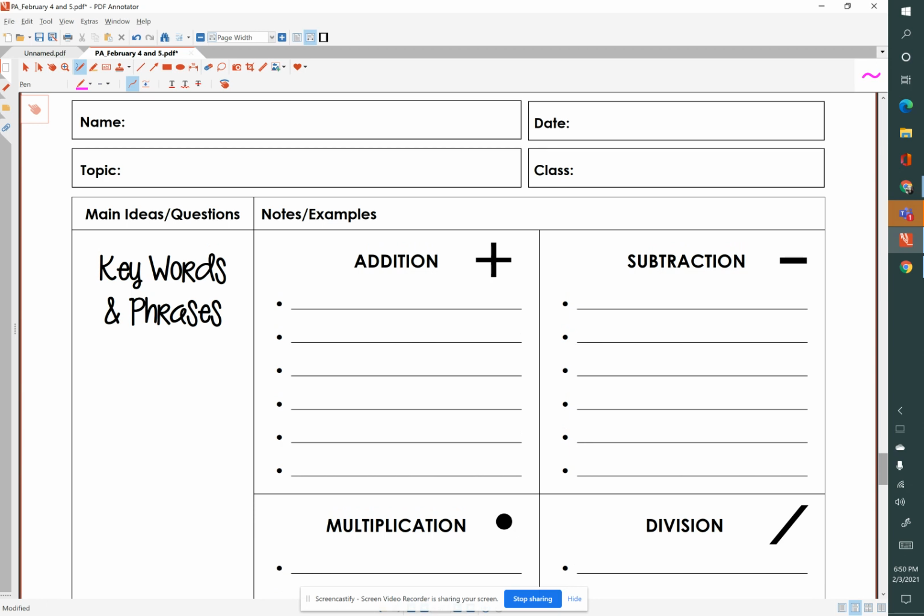So the key words that we generally use when we add are some, more than, increased by, total, plus, and all together.